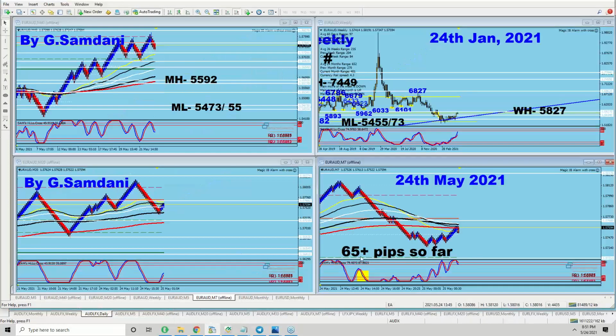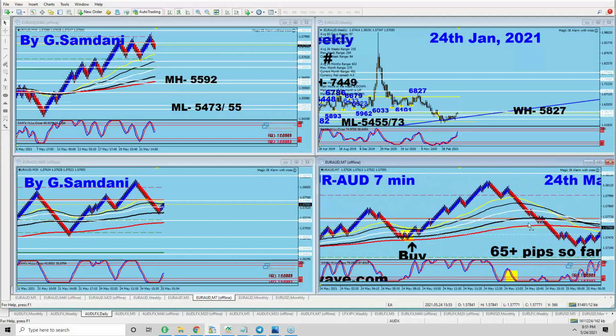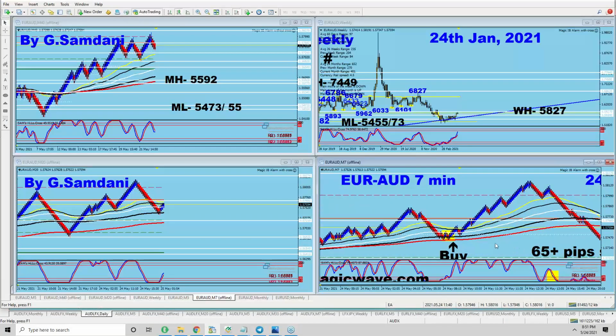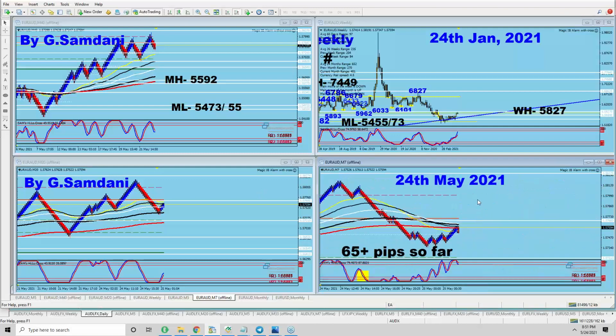Now, earlier, as you can see, I posted on my website and Forex Factory. This was my entry here, and I closed just below 58.27. I wrote down that this was probably the end of the road, and so far it is. Then we made the turn and came up, and right now I have a short setup on a 7-minute chart.